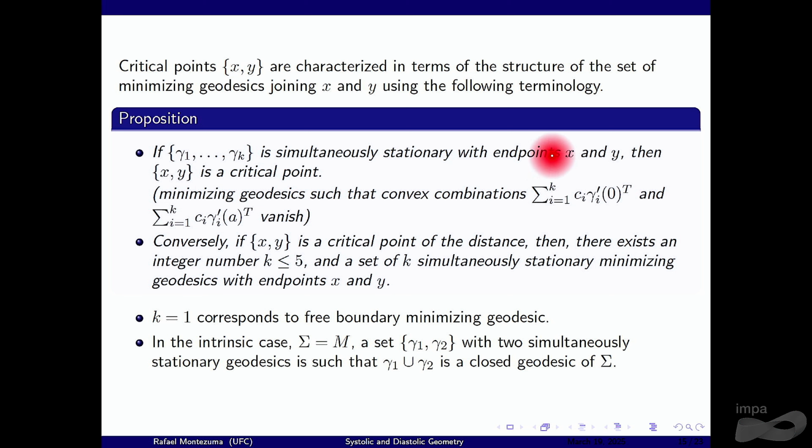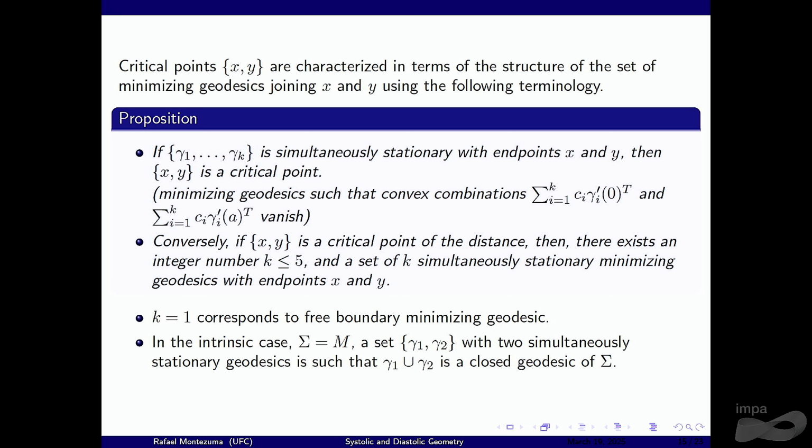Because you have this convex combination characterization for the set of simultaneously stationary, then you can also show that any critical point is of this form. Any critical point actually can be represented by a set of at most 5 simultaneously stationary minimizing geodesics.